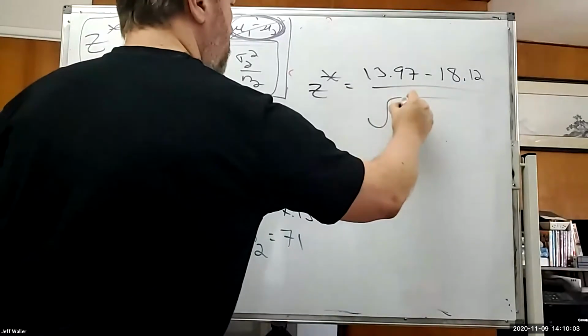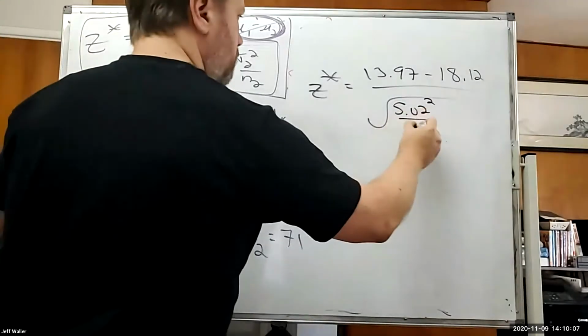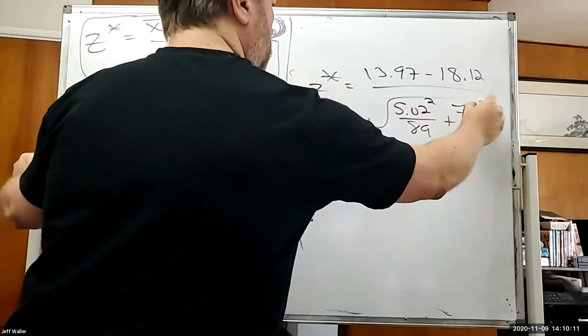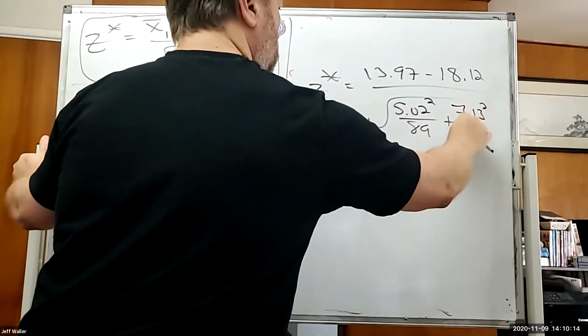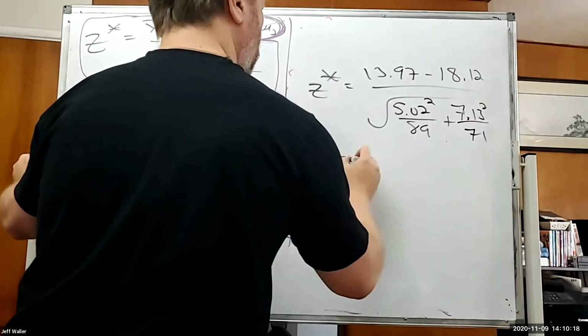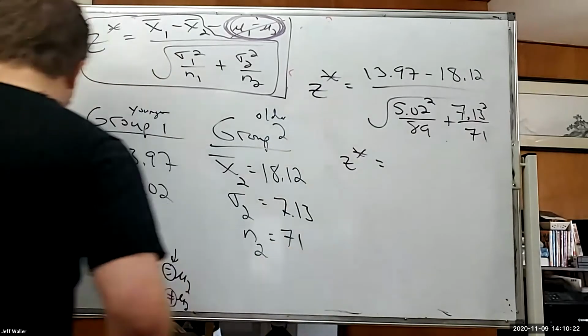The big mistake people make is they forget to square this poor little dude, divided by n1, plus 7.13 squared, divided by 71. Now I'm very curious. All right, let's see what that looks like in the calculator.